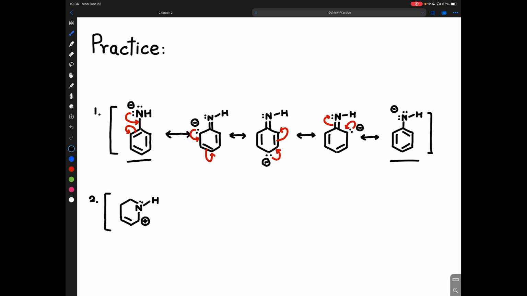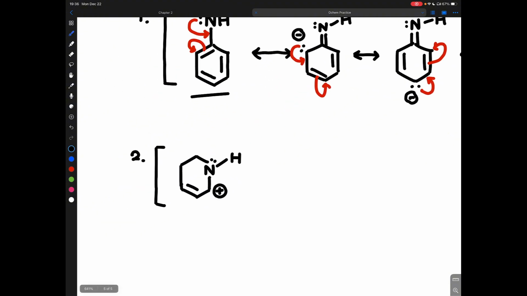Now, moving on to our second problem, we can observe two major patterns here. One is the allylic carbocation between this carbon and this pi bond, and the other one is the adjacent lone pair on the nitrogen next to that carbocation. So in this case, you can basically start with one of the two and just make sure to have an arrow pushing back to the original structure for the second structure to occur.